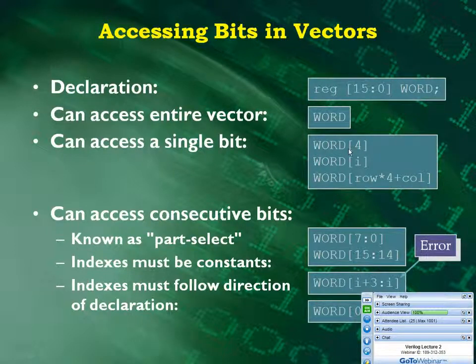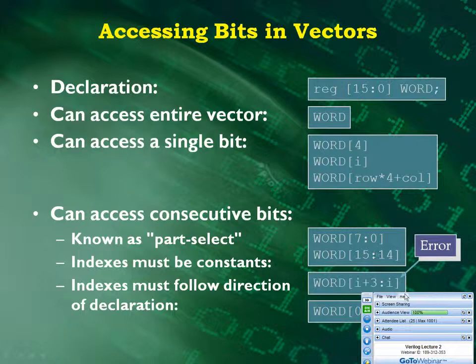You can also access single bits, like bit 4 or bit I, where you've made a calculation for a particular bit. You can also access consecutive bits, and this is known as a part selection. Here we said word[7:0]. It's 16 bits wide, so we're accessing the lower byte of it. Here we're accessing the upper 2 bits.